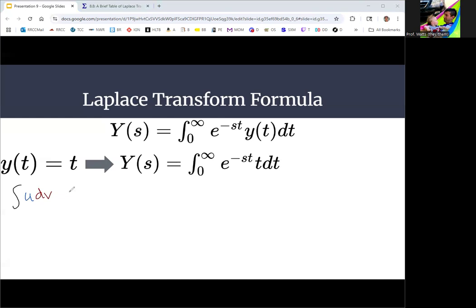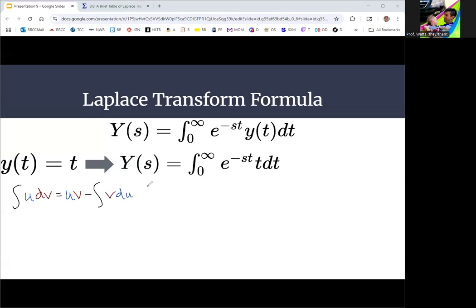And the result, you get the one you're taking the derivative of times the integral of the one you're integrating, minus the integral of the derivative of the one you're differentiating, and again, the integral of the one you're integrating.